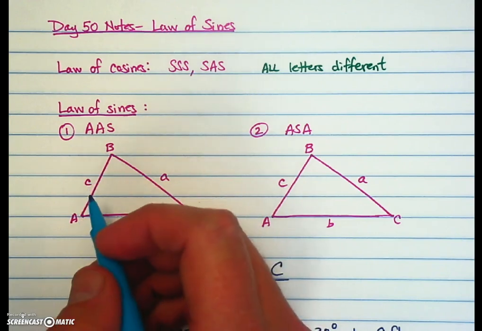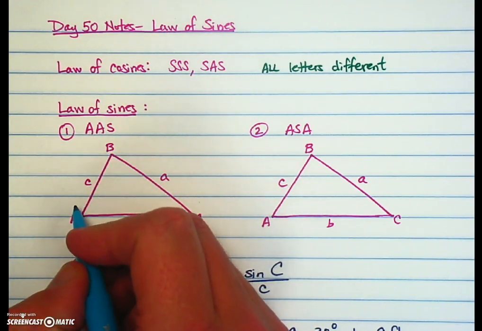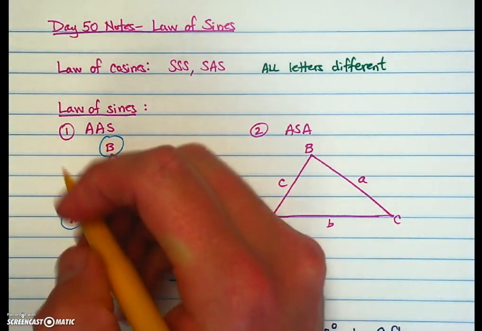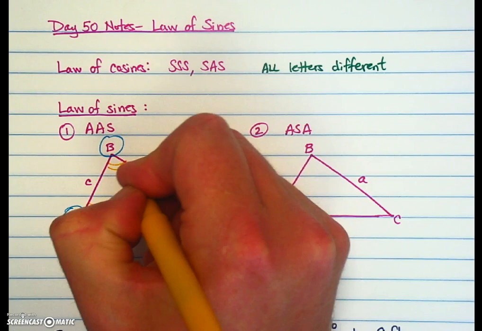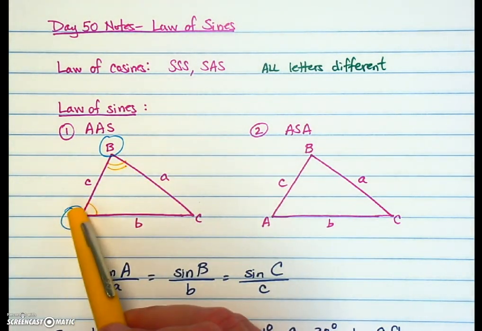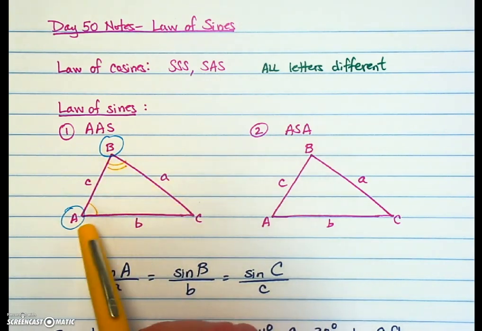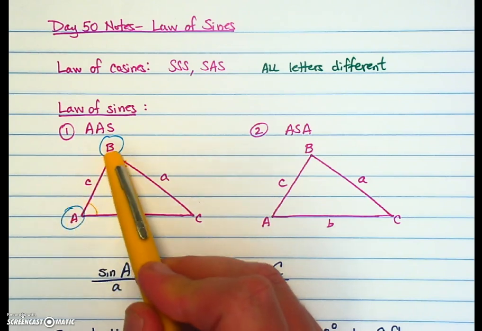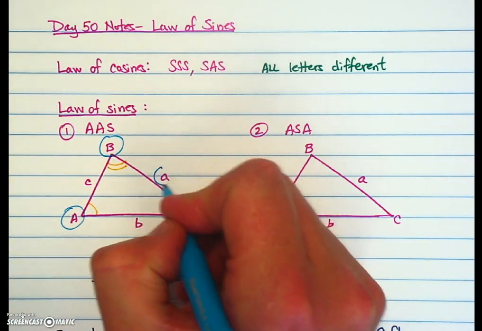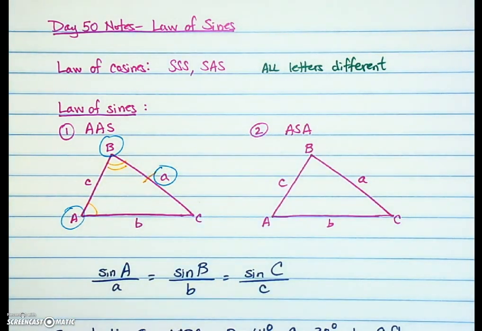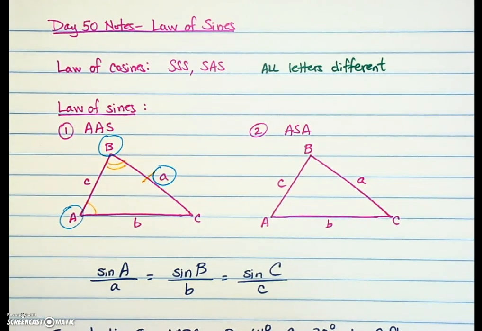Let's say that the two angles I had were capital A and capital B, looking at this angle and this angle here. In order for it to be angle, angle, side, my next side would be lowercase a over here. So if I went angle, angle, and then here is my side, I have an angle, angle, side stipulation going on here, in which I would use the law of sines.